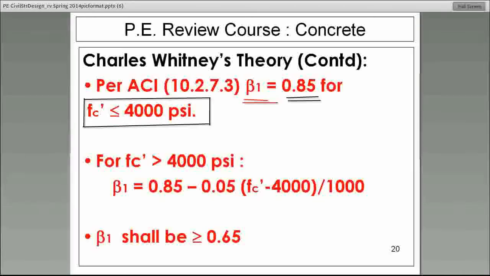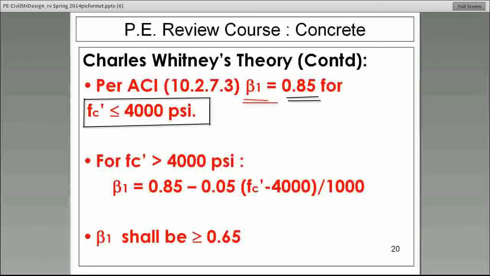So the question would be the following. The compressive strength of a concrete is 3,000 psi. What is the beta 1 value for that? 3,000 psi certainly is less than 4,000, so there it is. Beta 1 is 0.85. If it is 4,000 psi, beta 1 is 0.85.